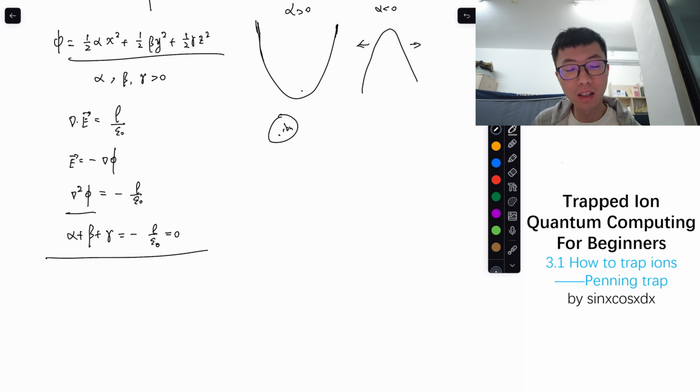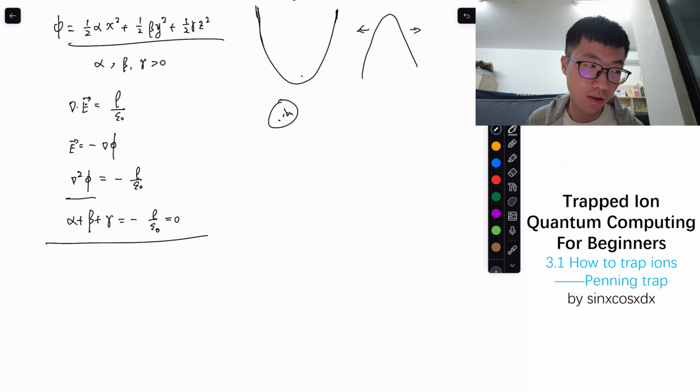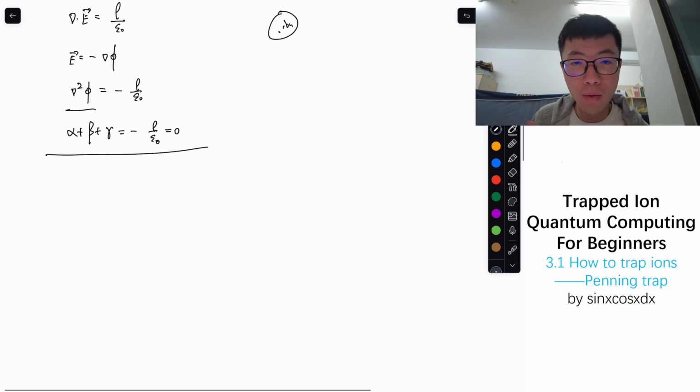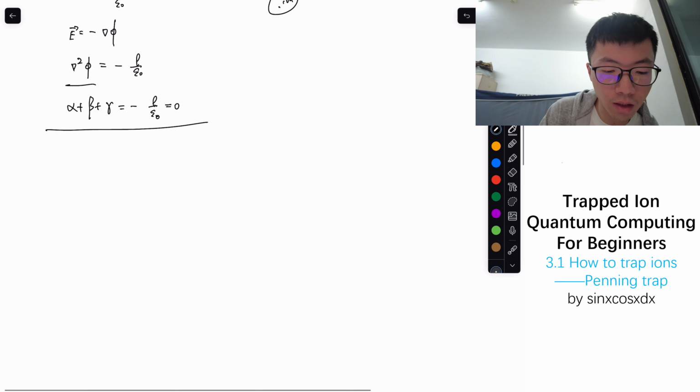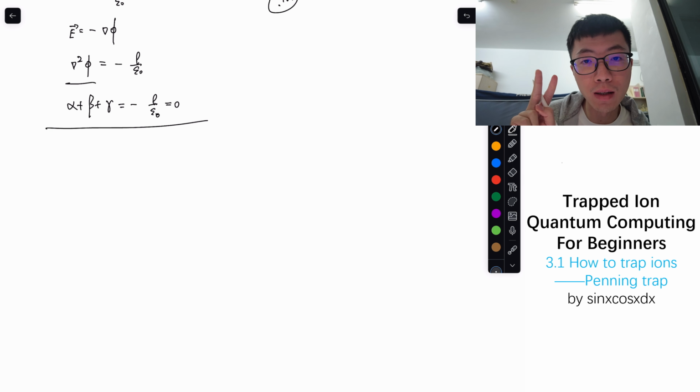What does it mean? It means that we cannot use a static electric field to confine an ion in all 3 dimensions. So how can we confine the ion? Does it mean that we cannot confine the ion in all 3 dimensions in a limited zone? Actually not. We have some other ways to confine the ion. And typically there are two main methods.